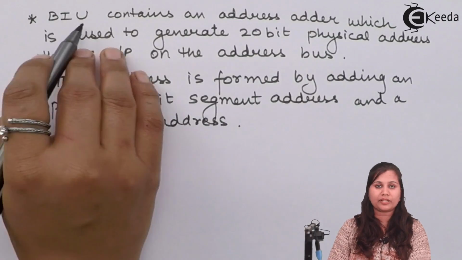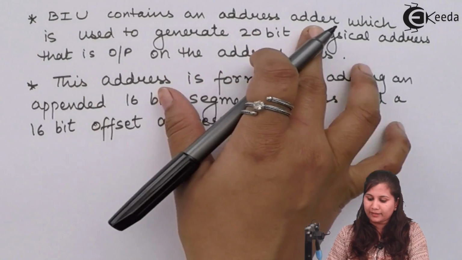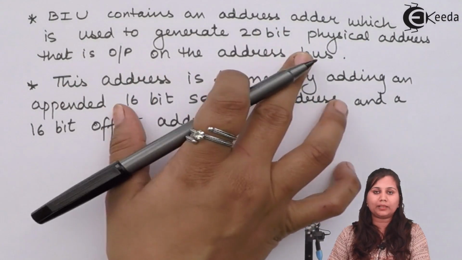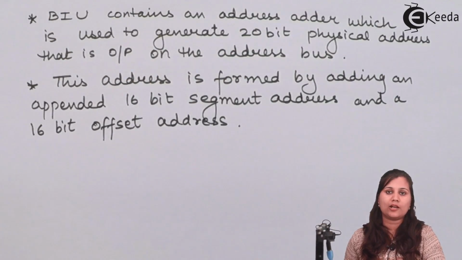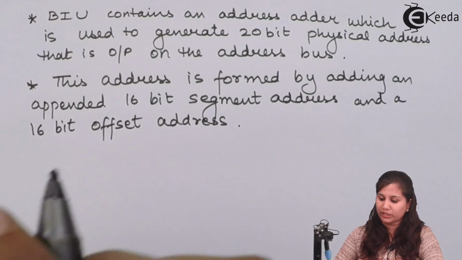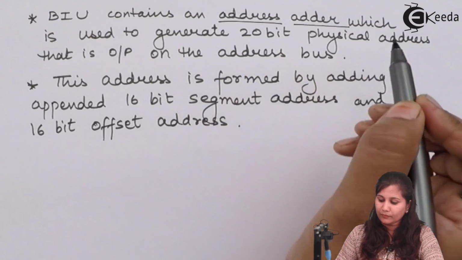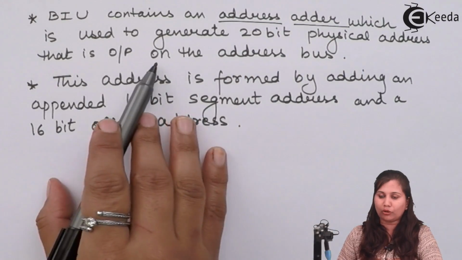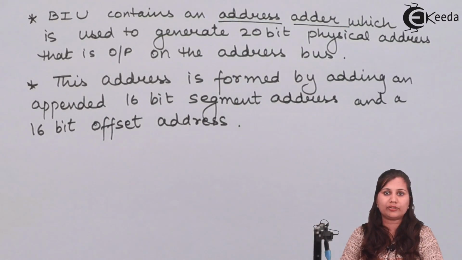So the bus interface unit also contains a block which is known as the address adder. This address adder is used to generate the 20-bit physical address, because it has 20 address lines. So the address of the memory location will be of 20 bits. This address is generated by the address adder, and it is output on the address bus, so that address will be available on the address bus.